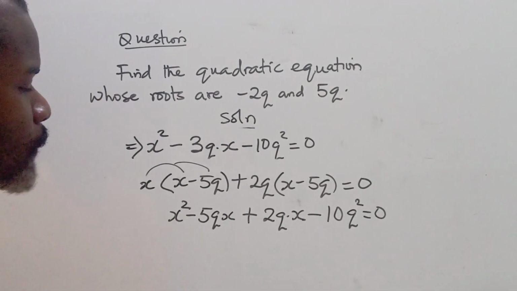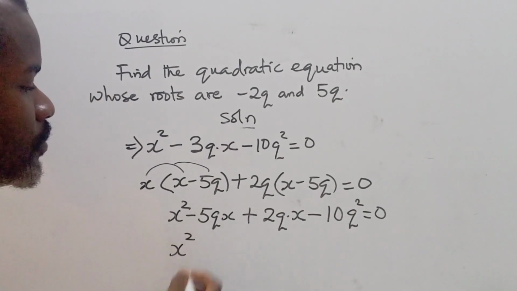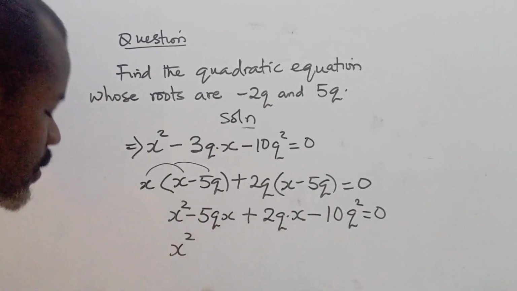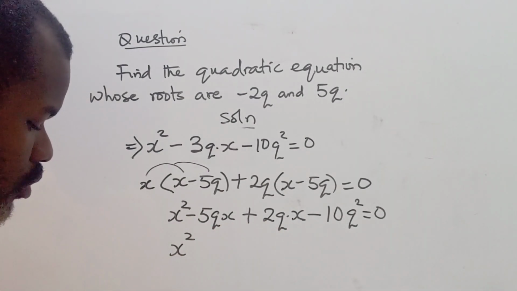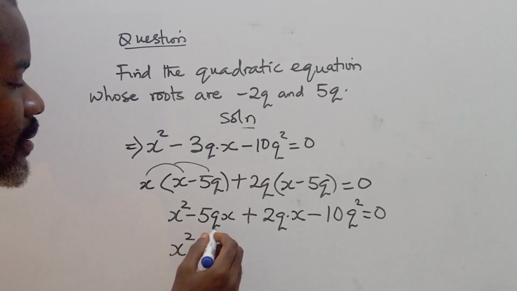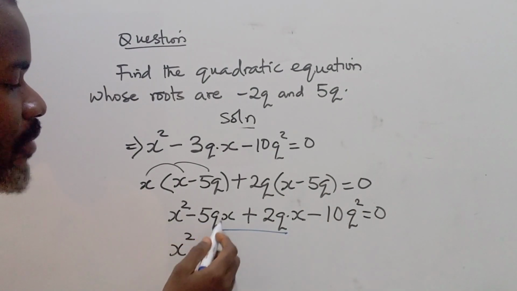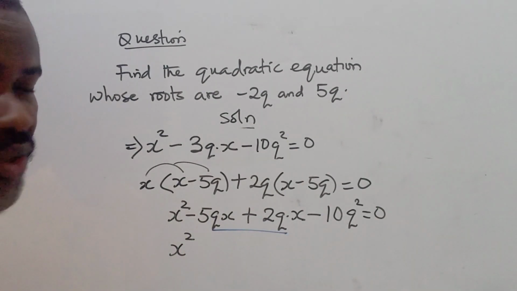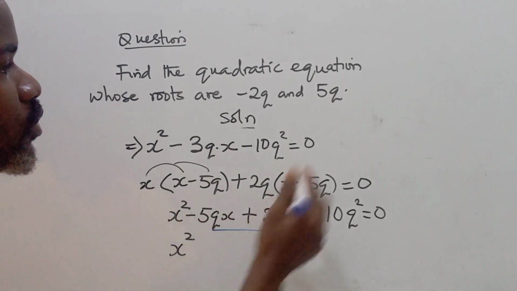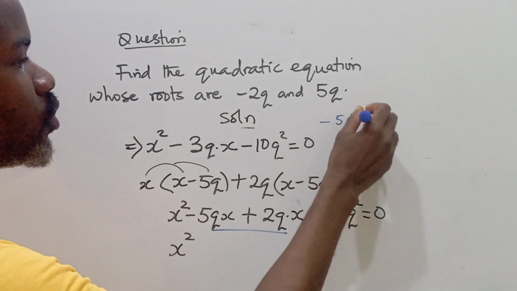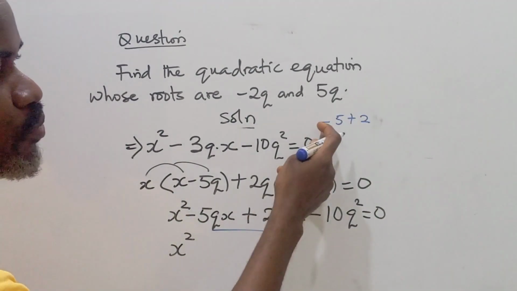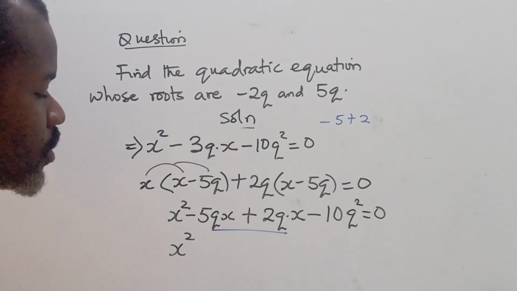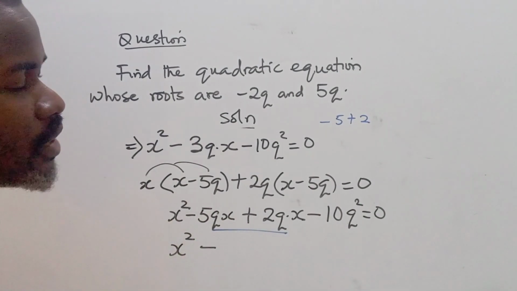So we have x squared, minus 5qx plus 2qx. Now we simplify this: minus 5 plus 2. We pick the sign of the greater number, so minus.